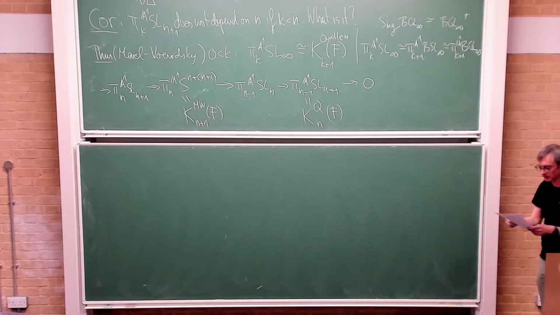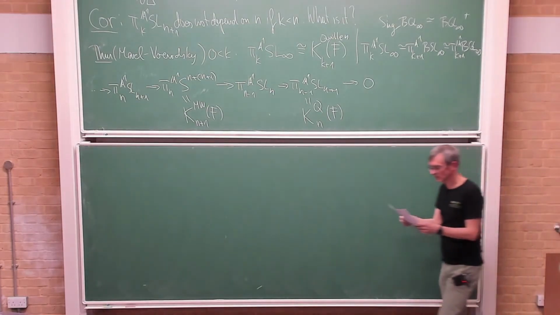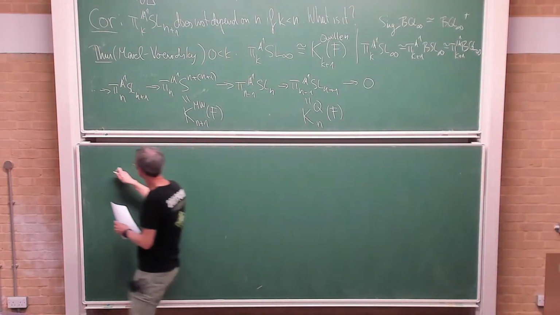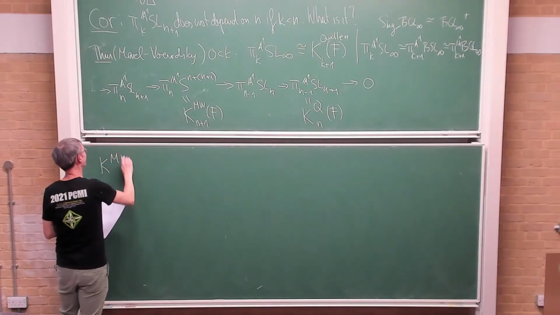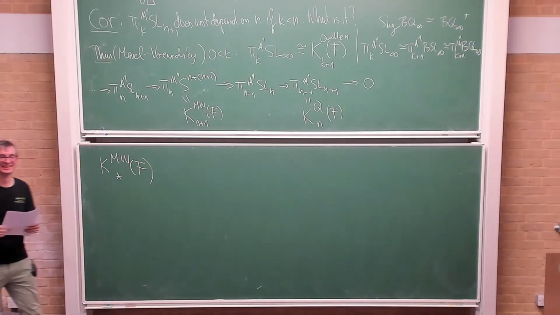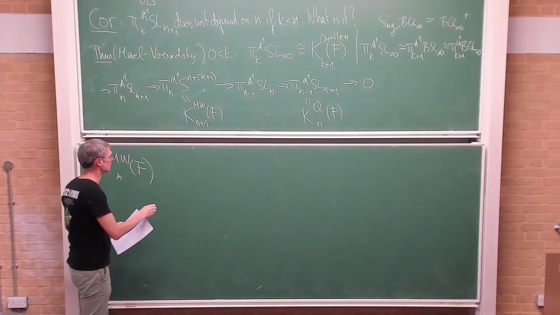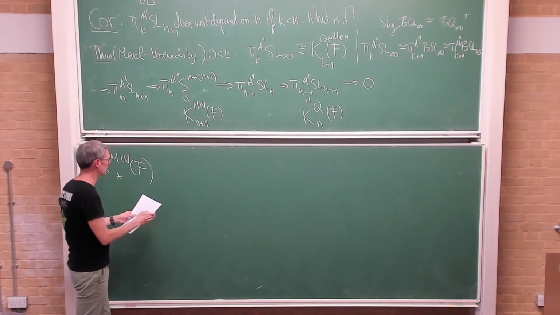Let's see. I would like to introduce some notation, and for this it would be convenient if I just quickly describe what this thing is. Well, let me not be too precise. So this is a Z-graded algebra.